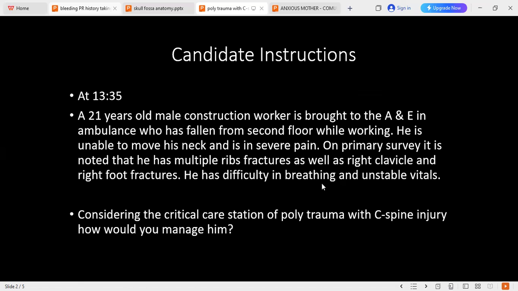I would be monitoring every 5 minutes. What exactly are you going to observe? I would look for oxygen saturation, ABG, blood pressure, pulse, urine output, and mental status of the patient.